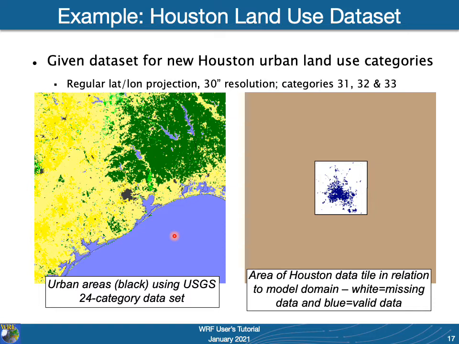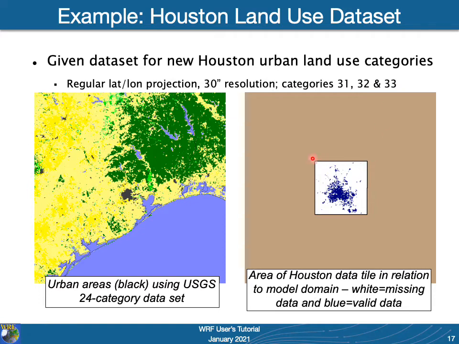And this new data set is not at a higher spatial resolution. It's still at 30 arcsecond resolution, but it has additional urban categories. So rather than a single homogeneous urban category, our new data set provides urban categories 31, 32, and 33. That might, for example, represent residential areas, commercial or high-intensity residential areas, or industrial areas.